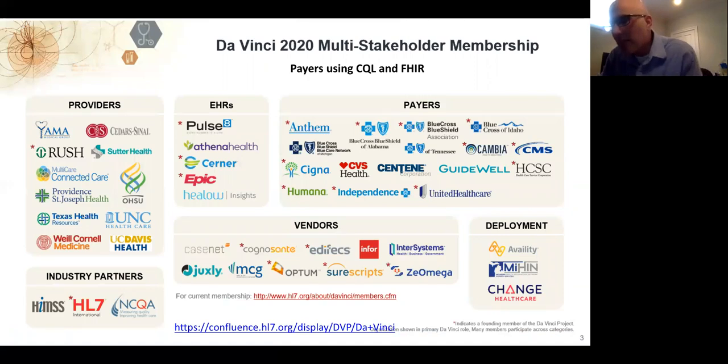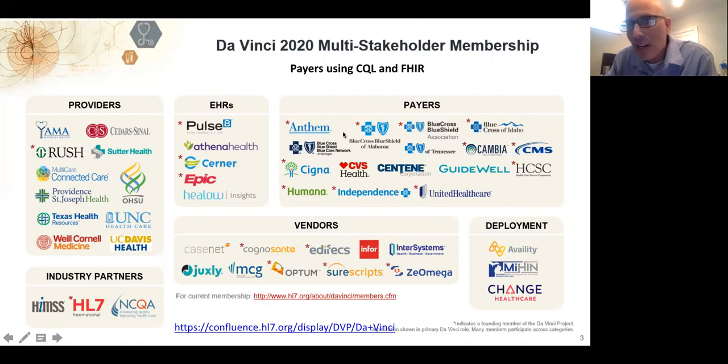This is a slide from the work of the Da Vinci Project, and really tremendous work that Viet Nguyen and others have done with the Da Vinci Project around connecting payers and health systems for speeding processes such as prior authorization of procedures and medications. And they're using the tools that we've discussed, CQL and FHIR, to move these data around.